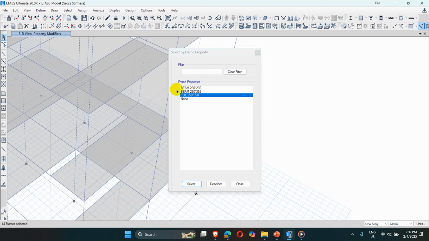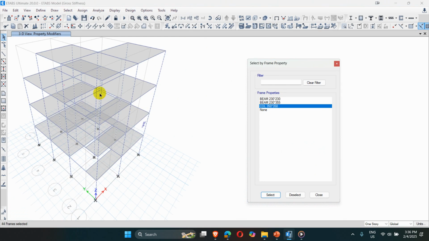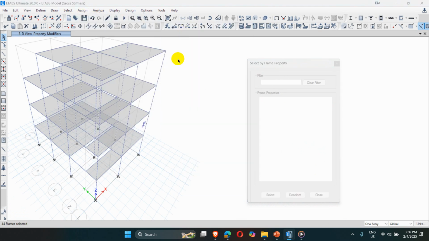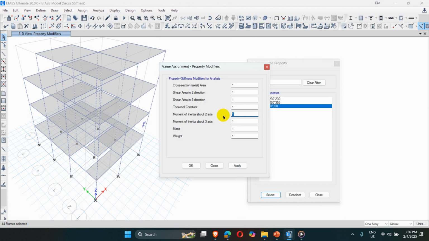Here all the columns have been selected, and go to assign frame, property modifier, and here 0.7 along the two axis and 0.7 along the y axis, or three axis.